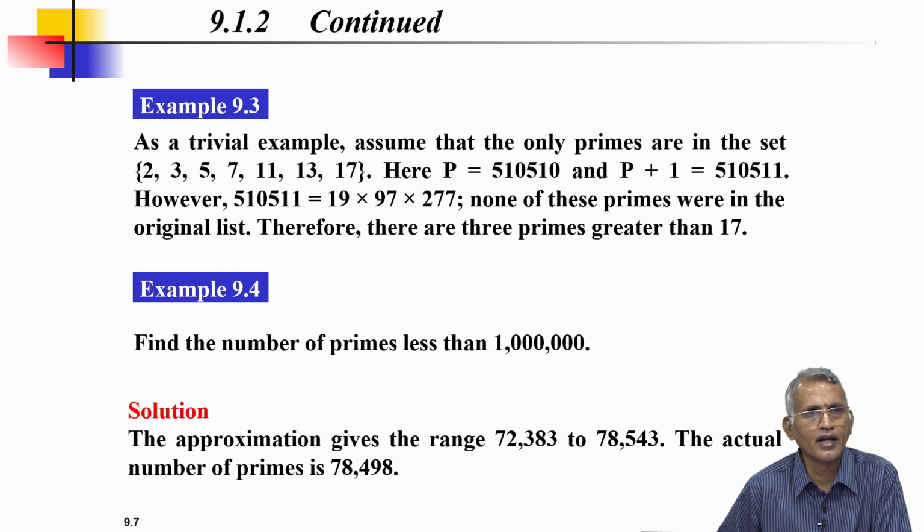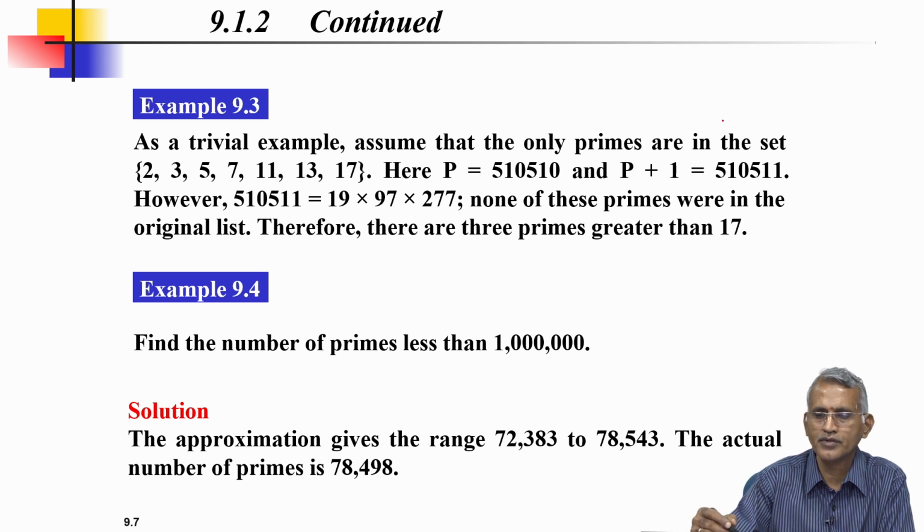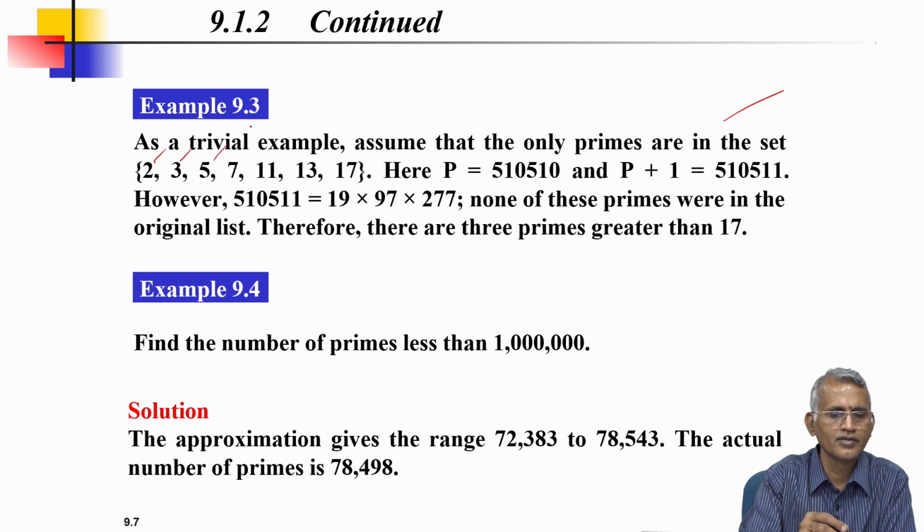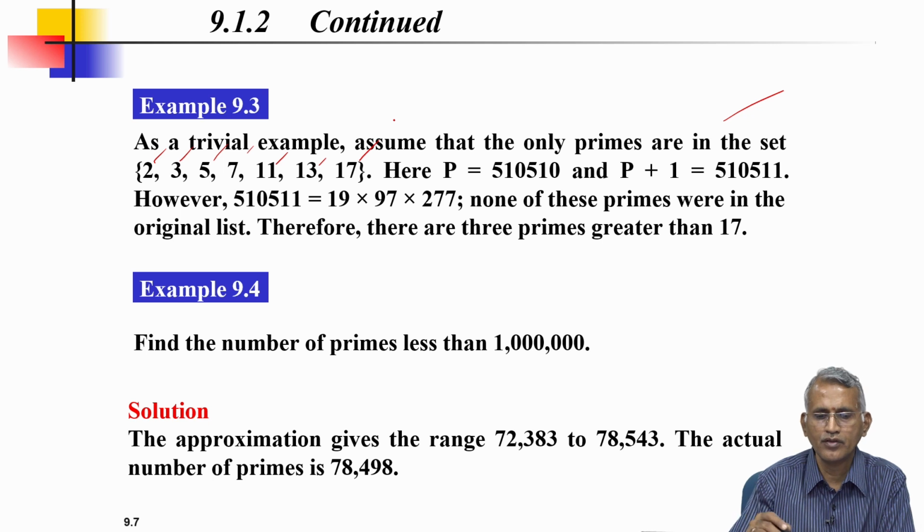Now, we continue with a trivial example. Assume that the only primes are in the set 2, 3, 5, 7, 11, 13, 17. Here P equals 510510 and P plus 1 is 510511.